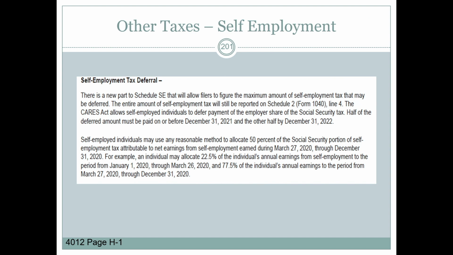For an example, an individual may allocate 22.5% of the individual's annual earnings from self-employment tax to the period from January 1st, 2020 through March 26th, 2020, and 77.5% of the individual's annual earnings to the period from March 27th, 2020 through December 31st, 2020.